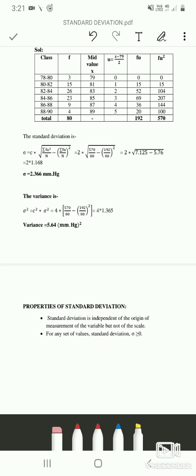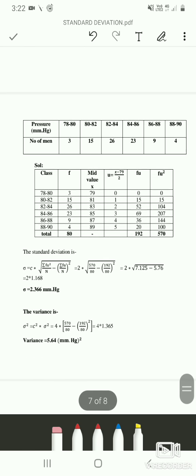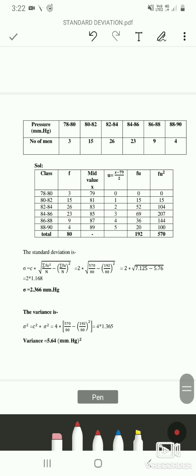So this we had solved by using step deviation method. So if you want to solve this by direct method, the first step would be to write the class intervals, write the frequency given, find out the mid value. So till here the steps are same. So for the next table you will be having fx and fx square.